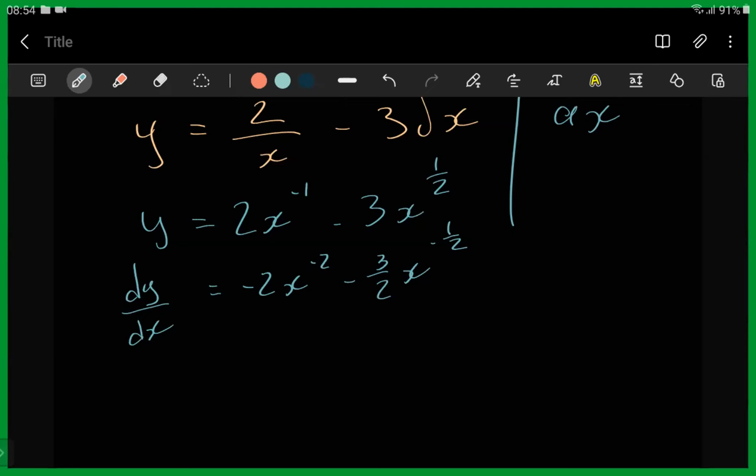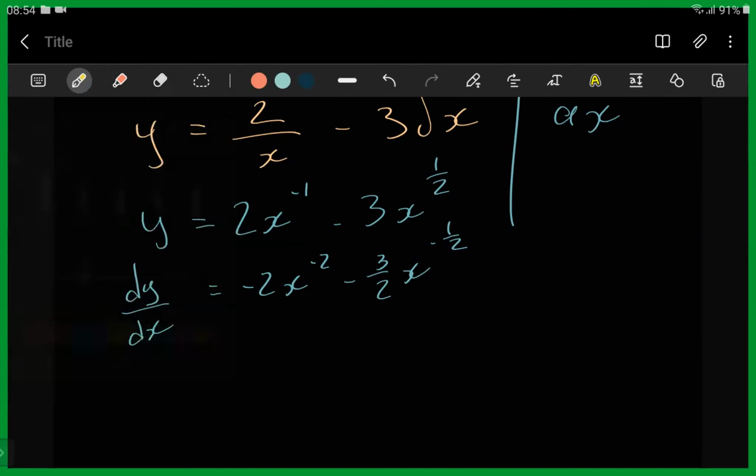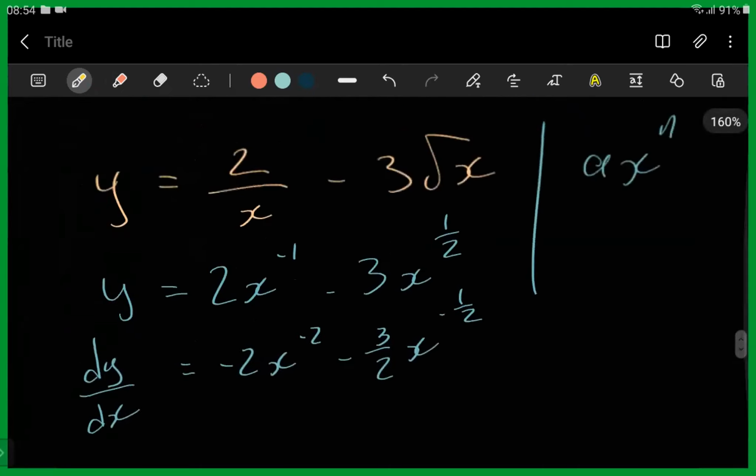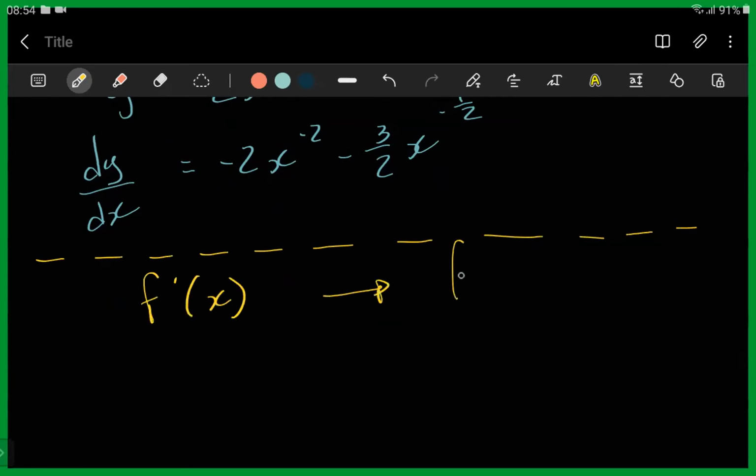If they do ask you to go back, it's normally a scenario where they would have to give you certain information that can allow you to go back. What you asked for, what you talked about right now, is going from f prime to f of x.